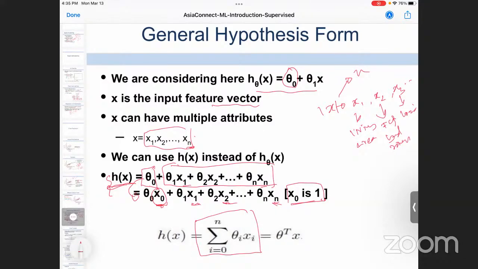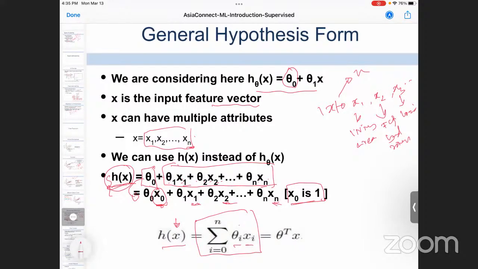What is h(x)? This is the linear combination of features. We don't know theta. This is just a number. Theta 1 multiplied by x1, theta 2 multiplied by x2, plus theta n multiplied by xn. So these are just the linear combination of these features, and we have this hypothesis. So we can write it like this: h(x) equals the summation of i equal to 0 to n of theta i xi. This is for a particular example, for a particular input.